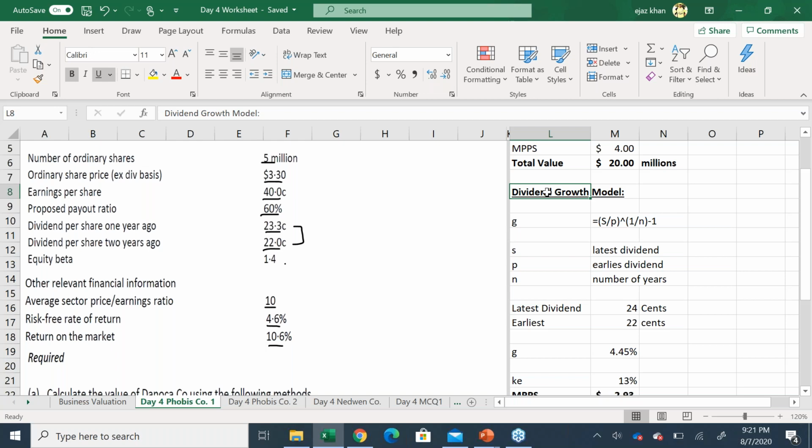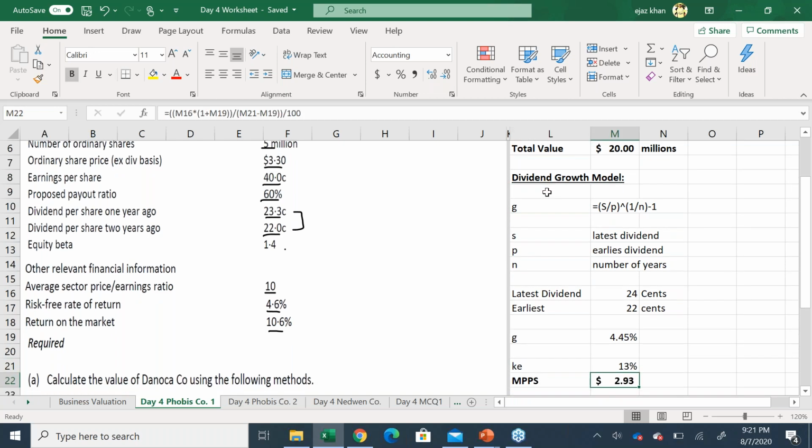So we can say that if the assumptions of the dividend growth model stand true, this is going to be the price. But only when those assumptions hold. For example, there is no capital gain, or people ignore capital gain, then this price will be correct.